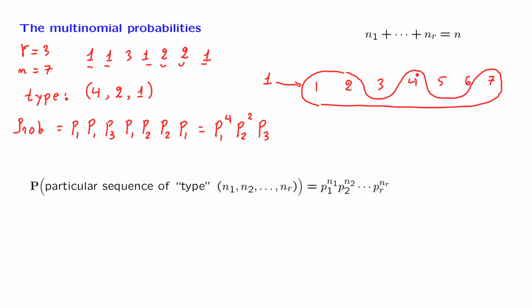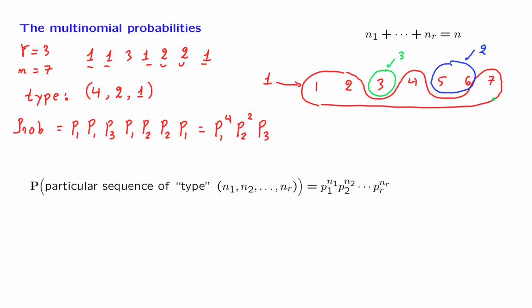In this set of trials, the fifth and the sixth trial, we had the second color. And in this trial, the third trial, we had the third color. This is an alternative way of telling you what sequence we obtained. I tell you at which trials we had the first color, at which trials we had the second, at which trials we had the third.